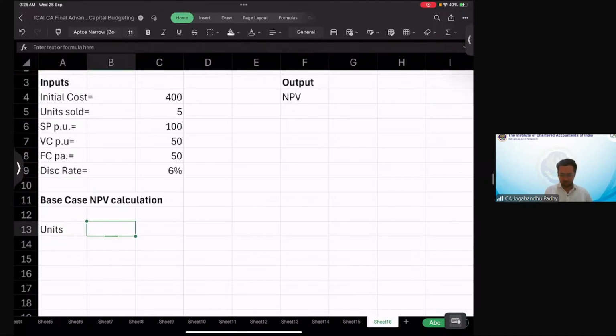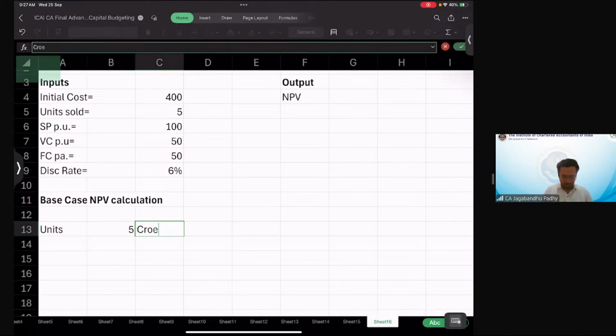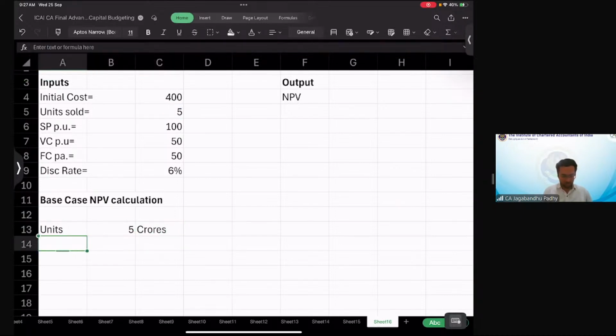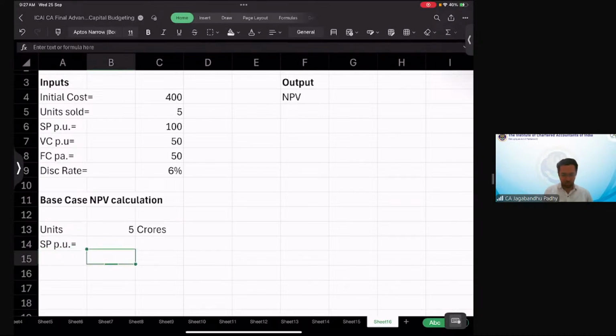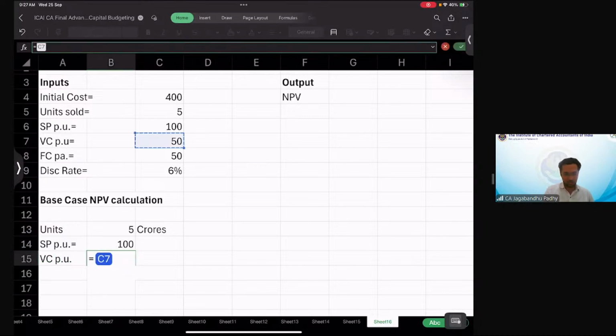Units, which is 5 crores, right? These are in crores. So sale price per unit is something which we know, which is 100 rupees. And then, of course, that's going to provide us the sales value. But before we get the sales, let's talk of variable cost per unit, which is also 50.